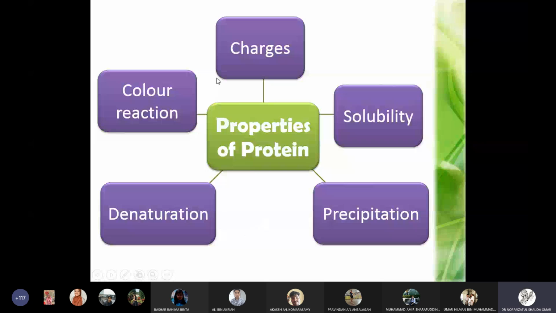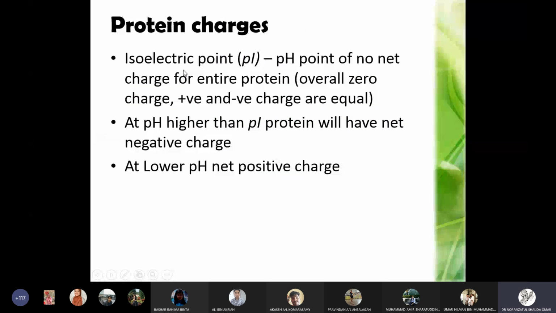Okay. Then these are the other properties. Isoelectric point. Proteins have charges, which means they have negative and positive charges. In normal condition, they have an overall zero charge.